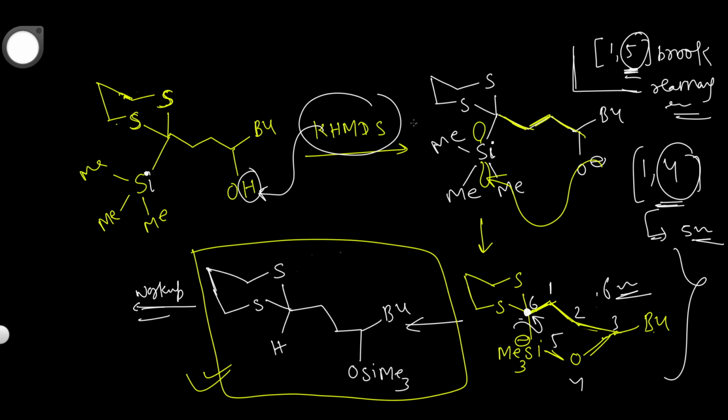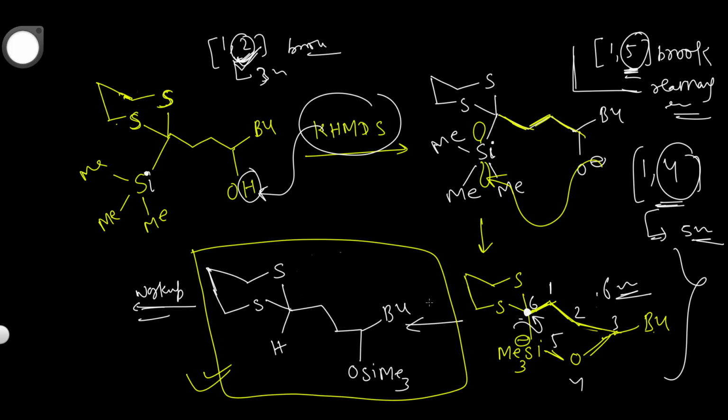Okay, right? Sometimes suppose you have a 1,2 Brook rearrangement. It means that in that mechanism, somewhere in a step, you will get a 3-member ring. It means one more than the number written here. Okay, so you can predict, right?